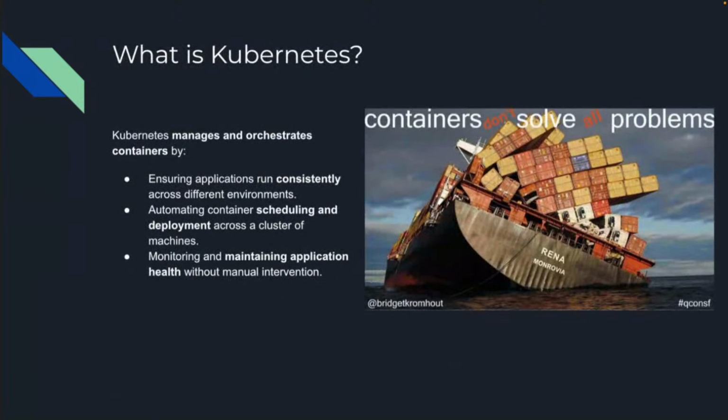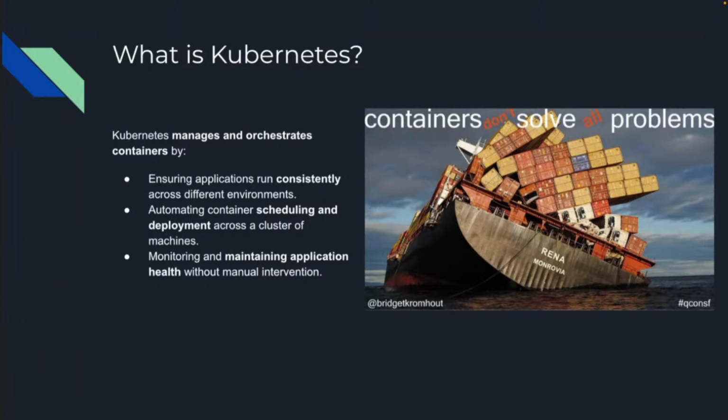So what is Kubernetes? As we speak today, Docker, or containerization in general, does not fix all of the issues. It fixes quite a few issues, but it also brings us new issues to fix. Kubernetes is for fixing these issues.